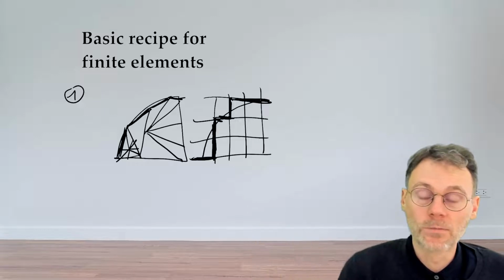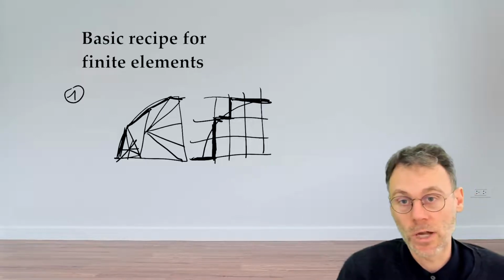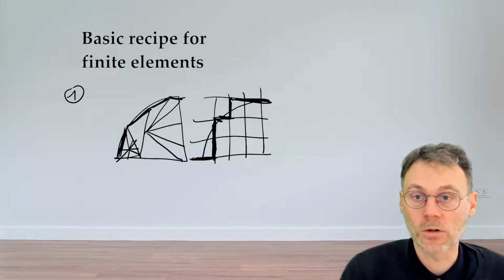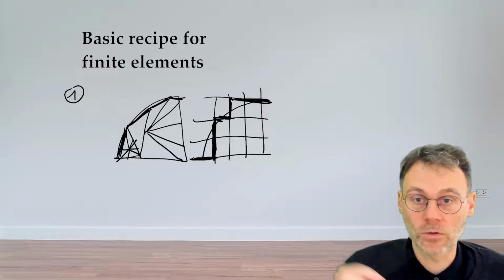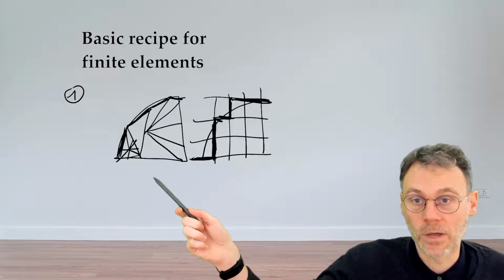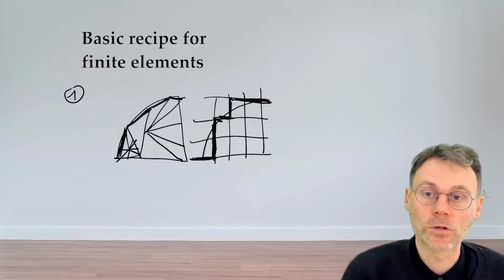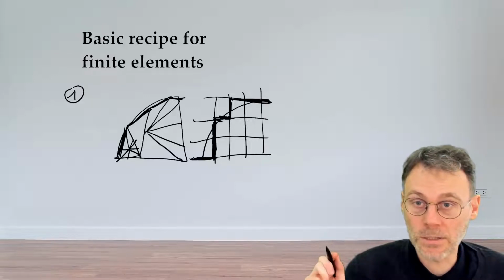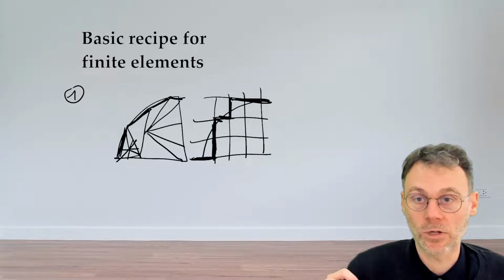You can do something similar in finite difference methods, but there it turns out to be typically much more involved because you need to worry about parasitic reflections that can occur if you go from the coarse grid to the fine grid. Whereas in finite element methods, it's much more straightforward to have elements of different sizes. Okay, so that's step one, subdividing the structure into our finite elements.